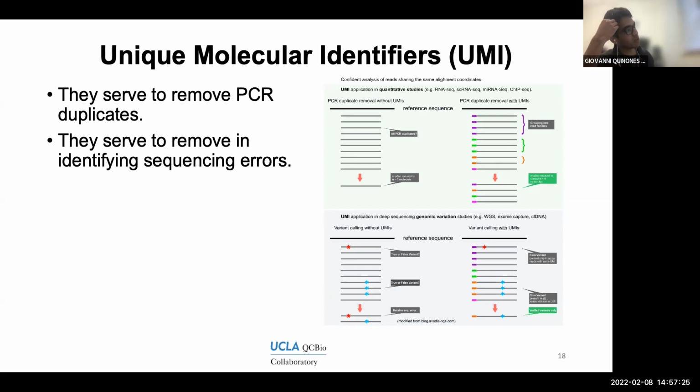The data sets I've worked with, the more shallow ones, have a few thousand reads per cell, and this is very shallow signal. It can go all the way up to a few million reads.